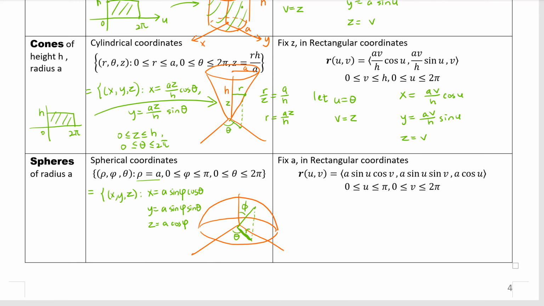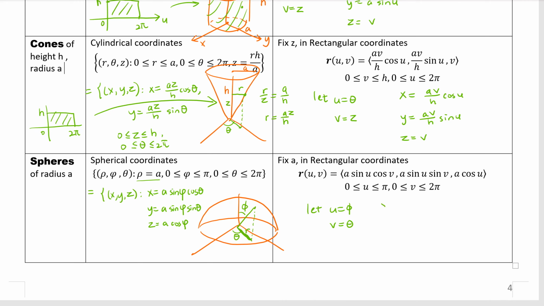Okay, so far so good. Now what do you think about letting u be? You can see the variables are phi and theta. So we can let u be phi and let v be theta, or you can let u be theta and let v be phi. We just have a different parameterization.